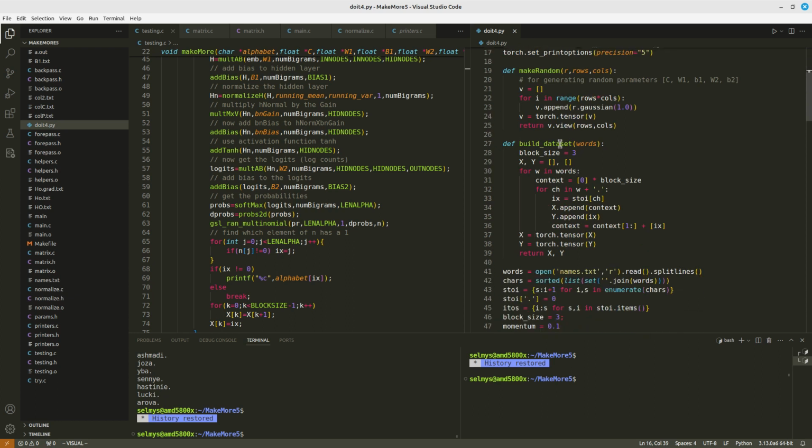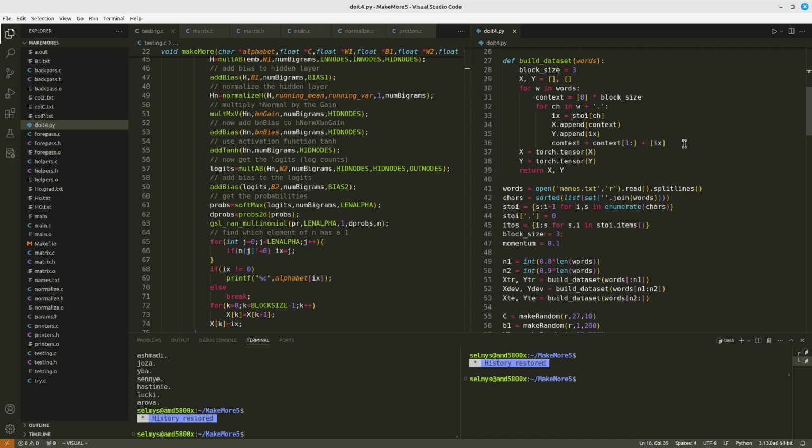This build data set is directly from Andrej's code, basically used to split the data set into 3 chunks. Then again, we go through just like we did before. We have these 2 functions, string to integer and integer to string.